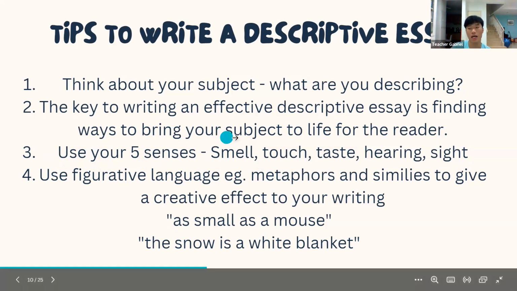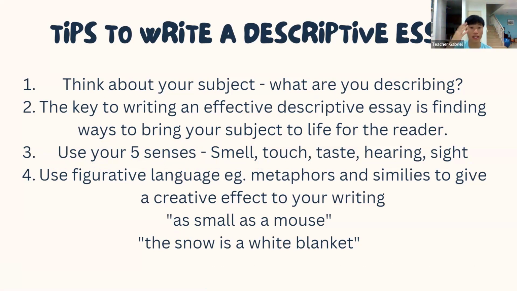All these five senses, use them as much as you can. You describe color, because you can see color. You taste, is it salty, sweet, or bitter? Hearing, is it loud, soft, the sound of birds? Touch, is it rough or smooth? And smell, is it a fragrance or a bad smell?